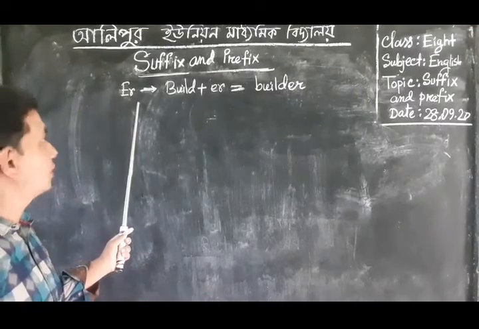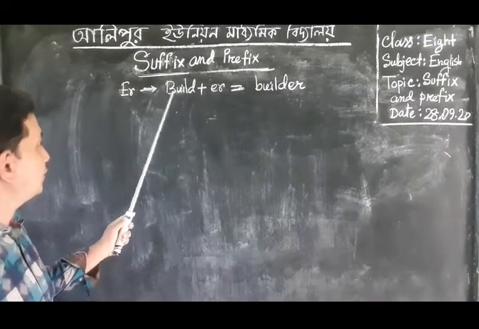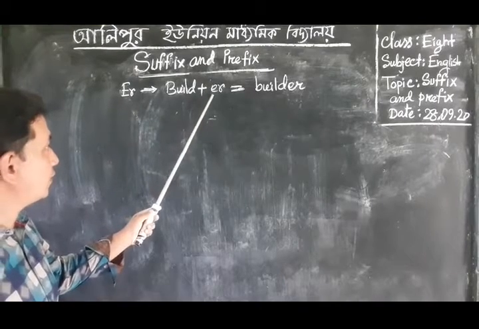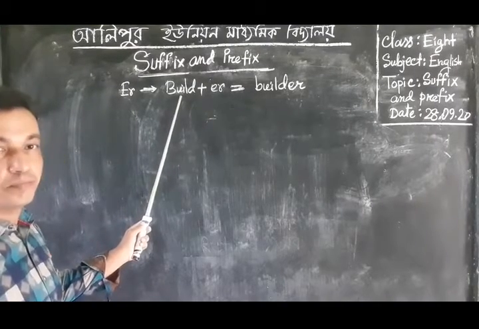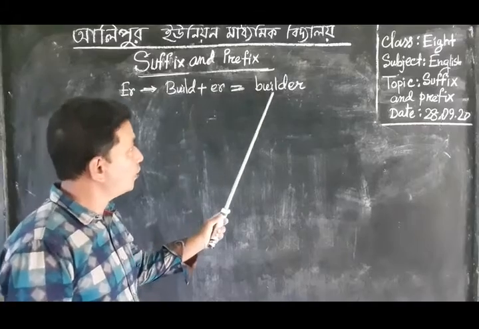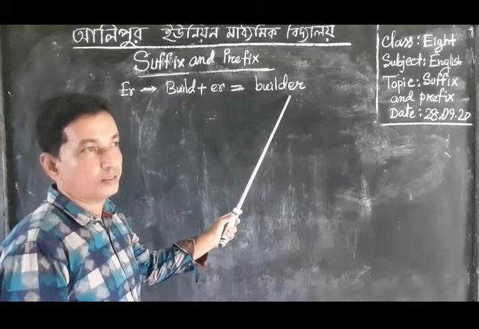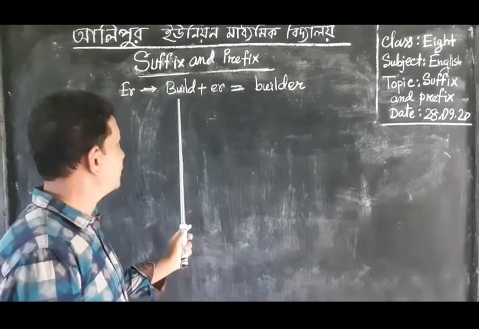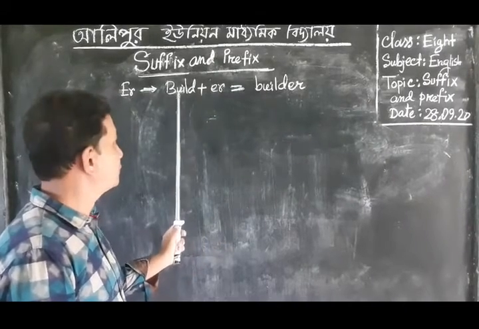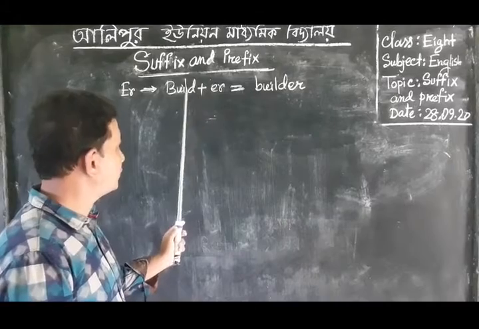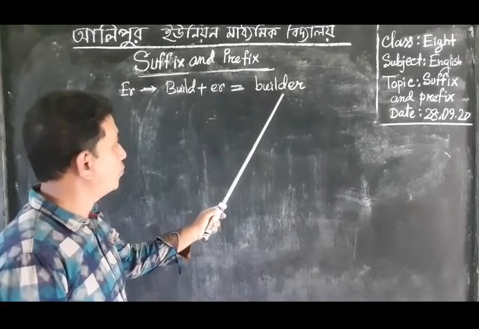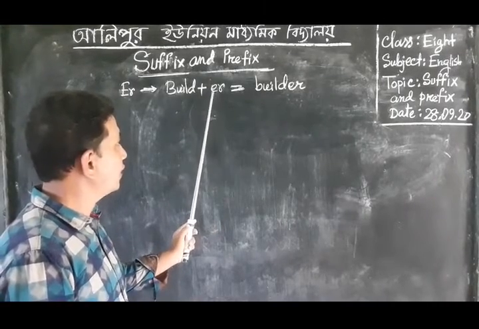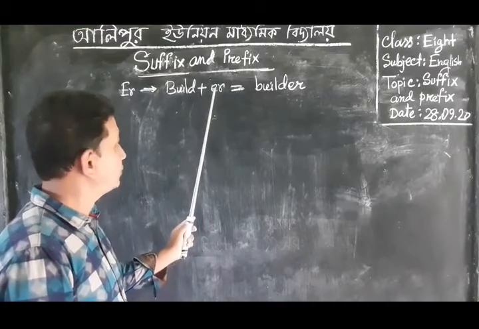Here is the suffix, and we have used it at the end of the verb build, and the new word is builder. Builder is a noun, and build here is a verb. The verb has been changed into a noun by adding "-er" at the end of the verb.